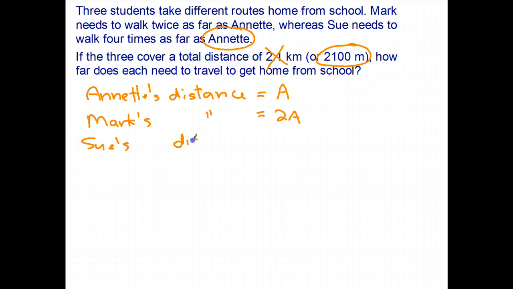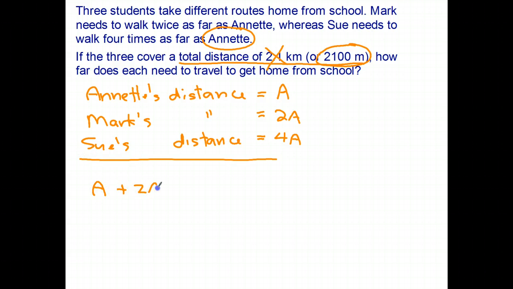So Sue's distance is 4A. Okay, so now we have each of our unknown numbers represented with a variable or an expression involving that variable. And the 3 cover a total distance of 2,100 meters. So there's our equation. A plus 2A plus 4A has to add to 2,100. Okay, then from there, of course, you can solve the equation and check it against the original question.